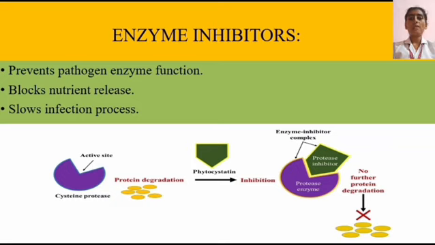Pathogens like bacteria and fungi release some enzymes to break the plant cell wall and enter the tissue. Plants fight back by producing enzyme inhibitors that block those pathogen enzymes, like putting a lock for protection. For example, protease inhibitors, trypsin inhibitors, alpha amylase inhibitors, etc.